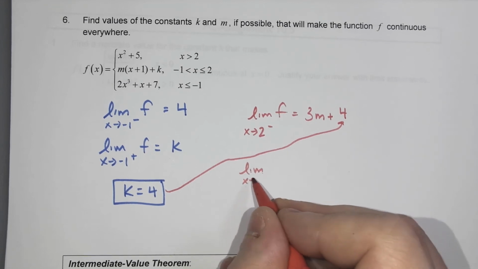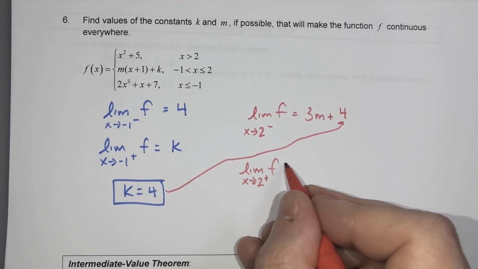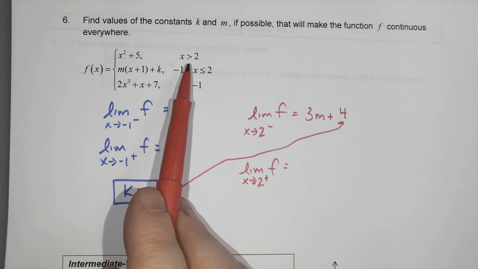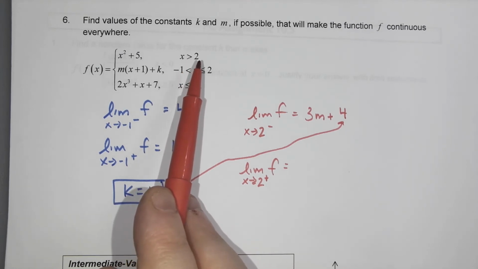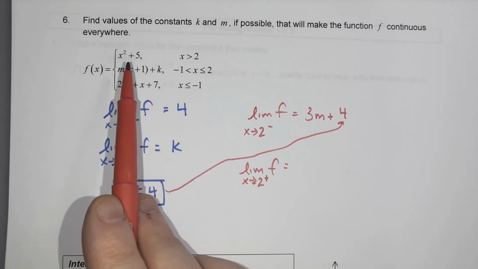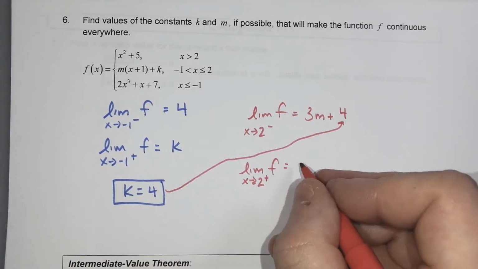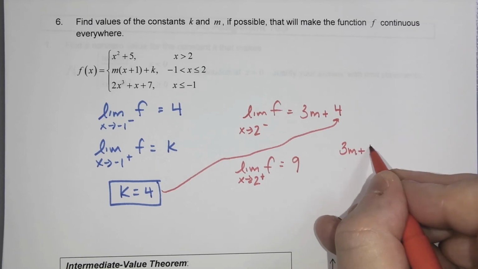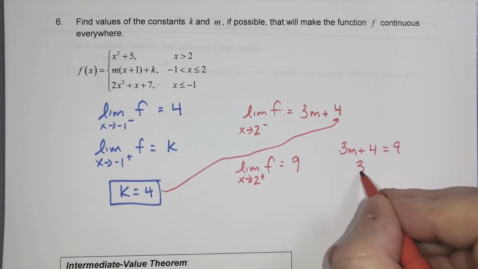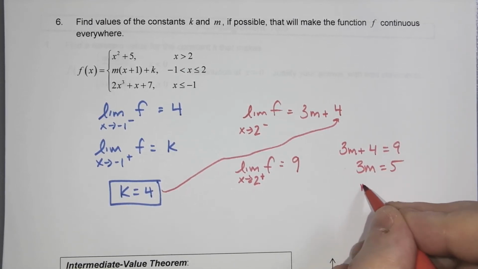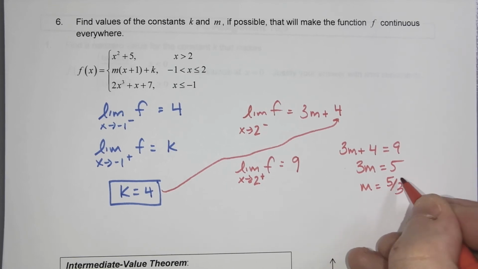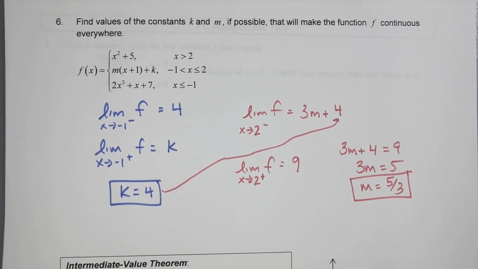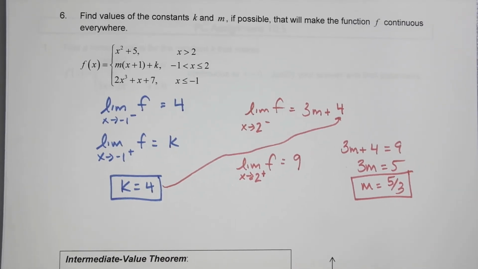Then we need the limit as x approaches 2 from the right of f, which means we're on this rule. If we plug in 2 for x, we'd get 2 squared is 4, 4 plus 5 is 9. So here we would need 3m plus 4 to be equal to 9, 3m to be equal to 5, and m to be equal to 5/3. So that helps us to be continuous at all points for this function.